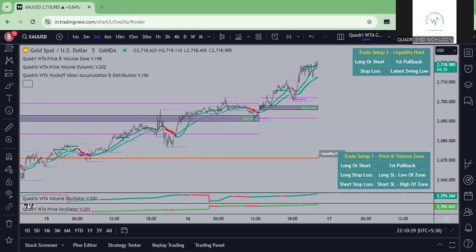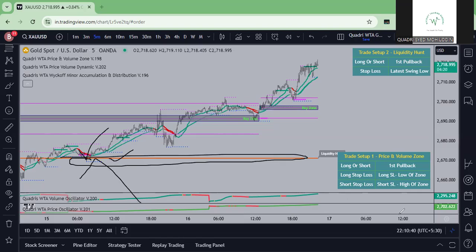Based on the situation, you have to do the assessment, because a liquidity hunt is a price level which is bound to be tested before going upwards or before going downwards. This is what a liquidity hunt normally is referred to as, or I refer to it as.